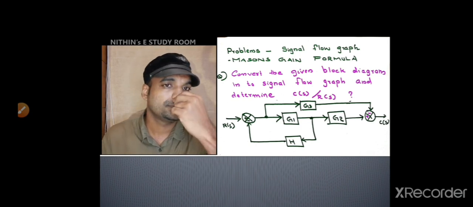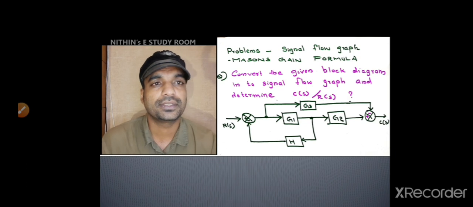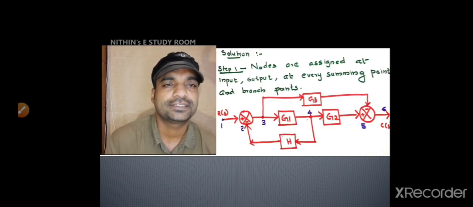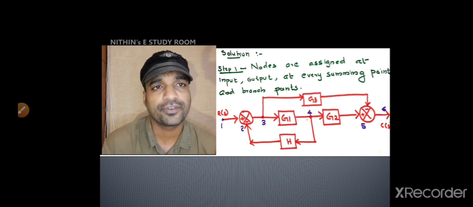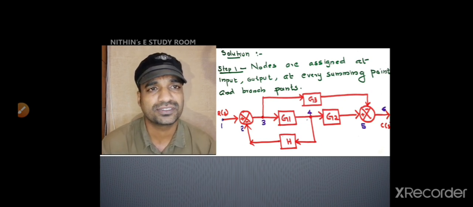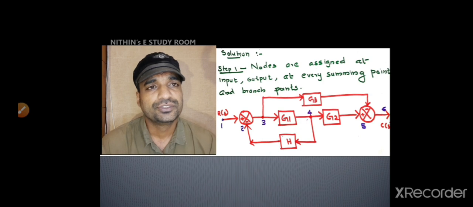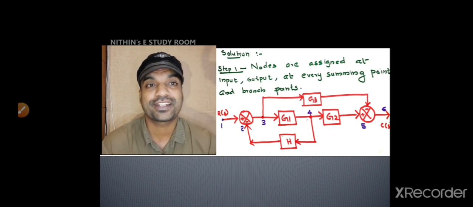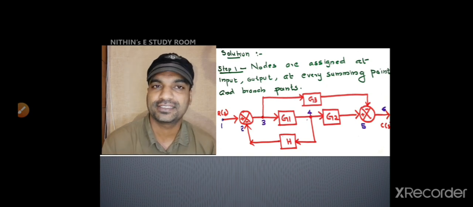Okay, now I am going to convert this into a signal flow graph. So in step 1, what is the step 1? We have to identify which are the nodes. So nodes are assigned at input, output, at every summing point and branch point. That is the important thing.